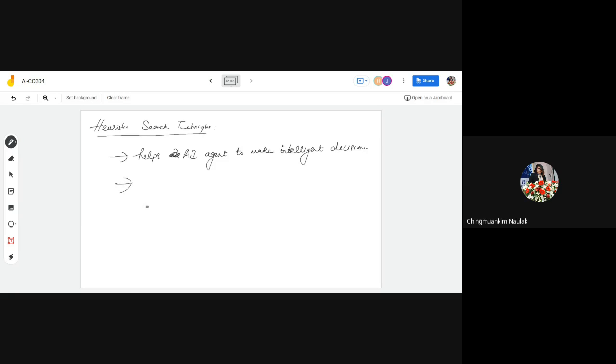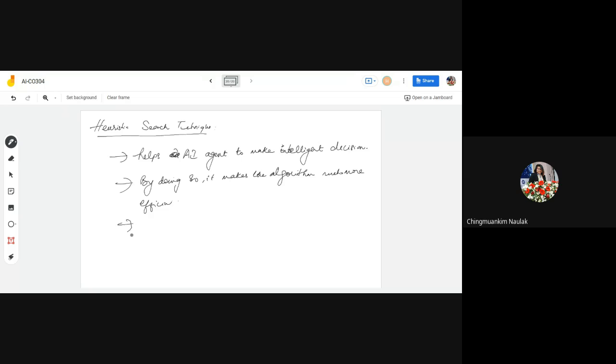And by doing so, it makes the algorithm much more efficient. Okay.